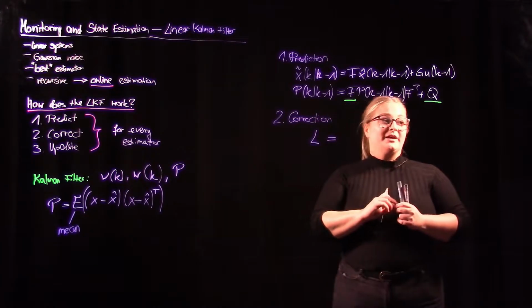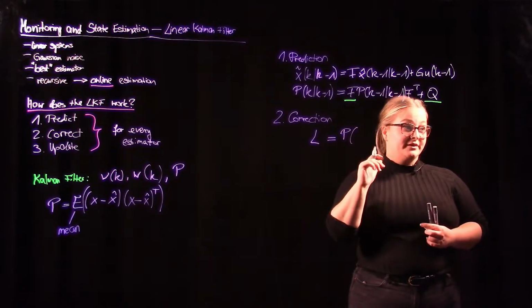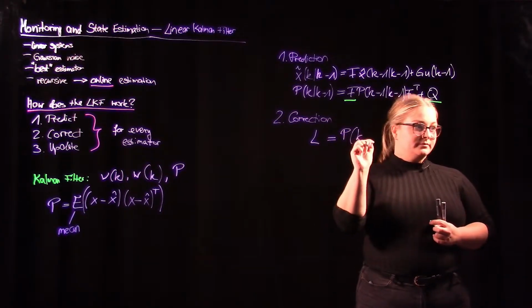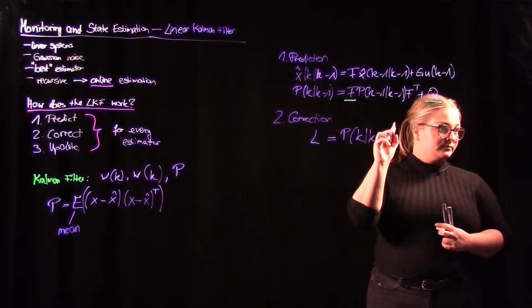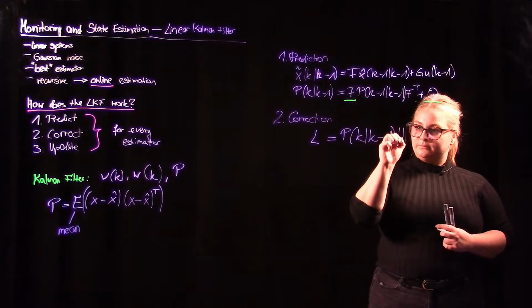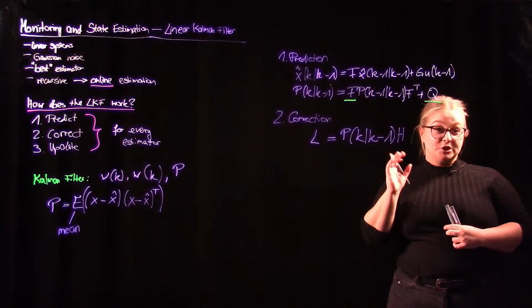So we will stay with L. And for the Kalman gain, you need the covariance matrix and H, which is our observation or measurement matrix.